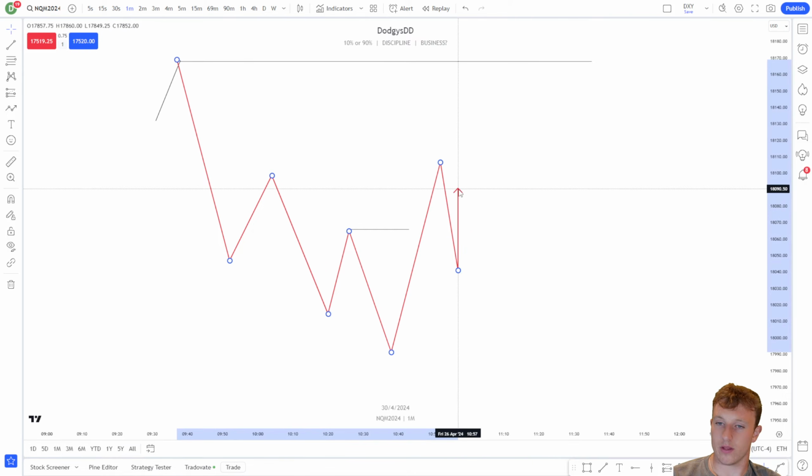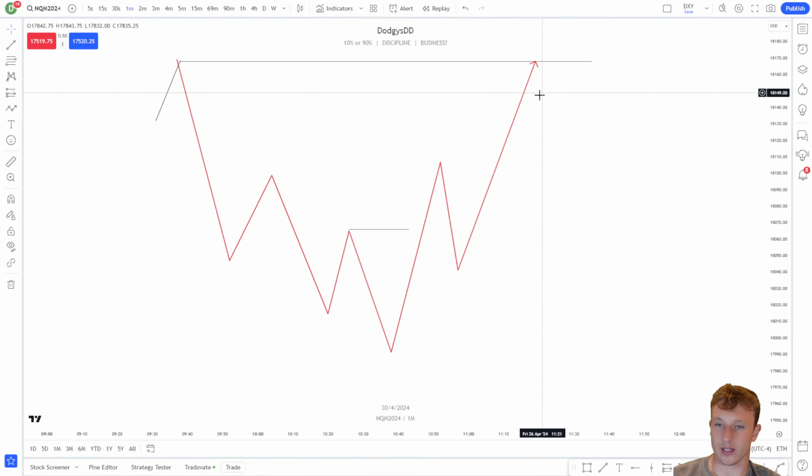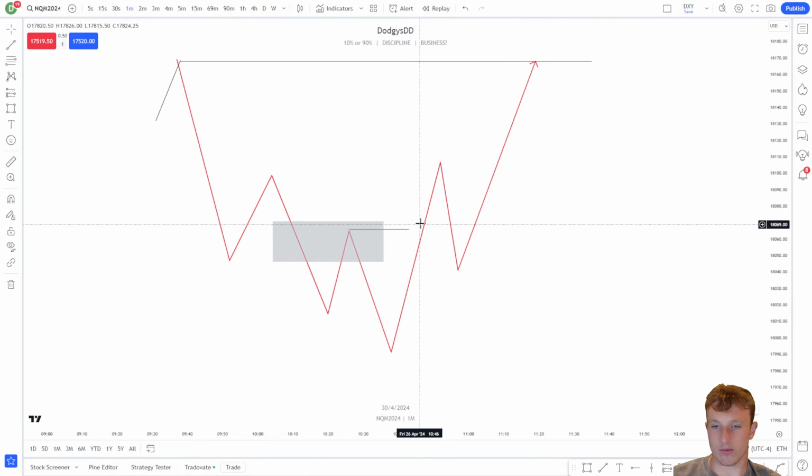But how do you know this is going to complete all the way to the buy side of the curve? If you ever see us form a lower high inside a fair value gap, and then we break that lower high as well as the inverse gap, that is often a good sign.